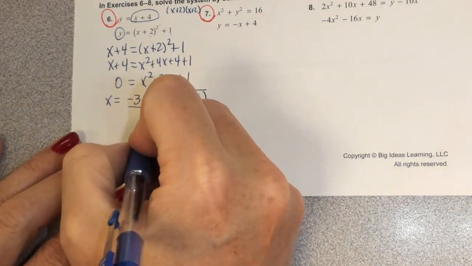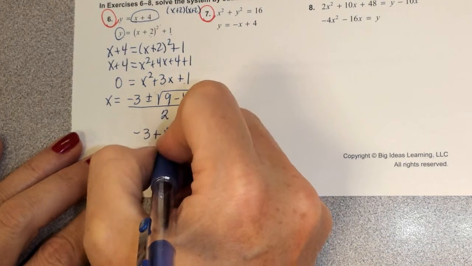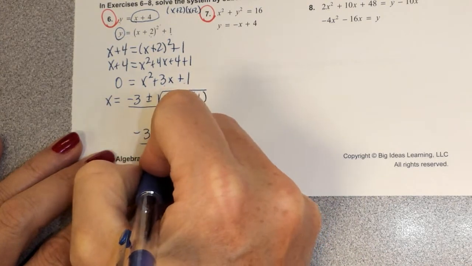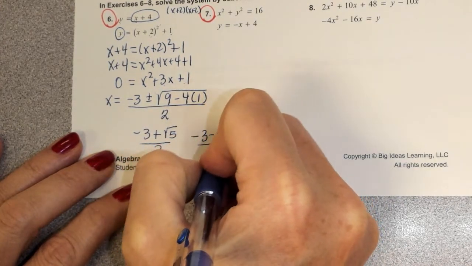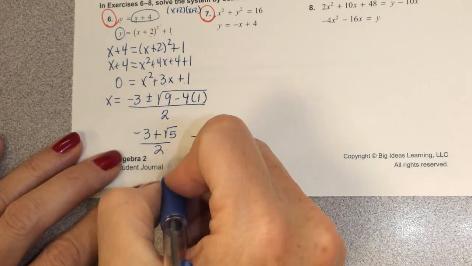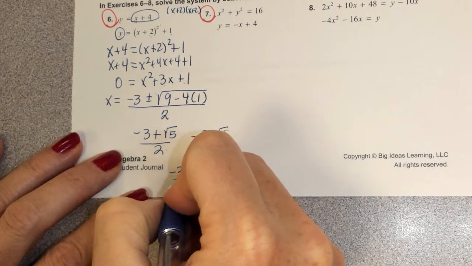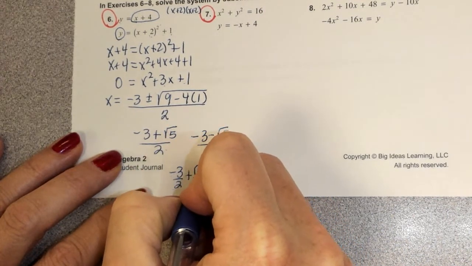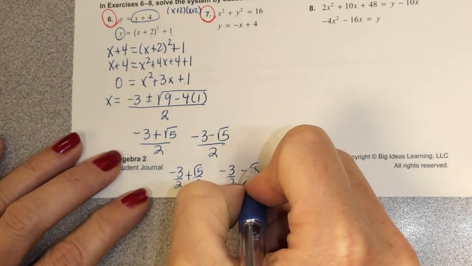So we're going to have negative 3 plus, that's going to be 9 minus 4 is 5 over 2. And we're going to have negative 3 minus radical 5 over 2. Remember, both of these are over 2. So maybe a better way to write our solution would be negative 3 over 2 plus radical 5 over 2 and negative 3 over 2 minus radical 5 over 2.